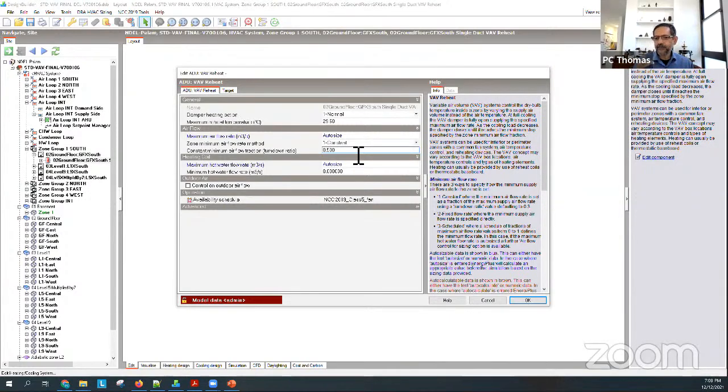If you need to provide cooling to a number of zones, then you need to be able to provide useful cooling to the last zone, the zone that's furthest away on the duct. If you don't have any air pressure there, then it's useless. So you can't turn your fan any less than that. You need to know what that number is.